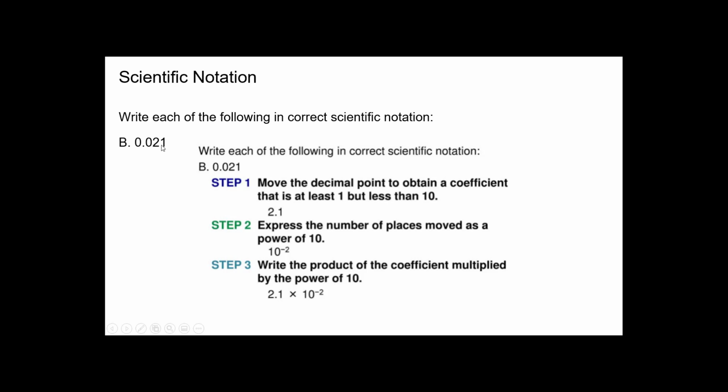We're moving it 2 places. But again, this is a number smaller than 1. So we have to indicate that. So I have my coefficient, 2.1, exactly how it should be in scientific notation. I write out my multiplication sign, 10, and the steps that it took me to move the decimal point, which is -2.